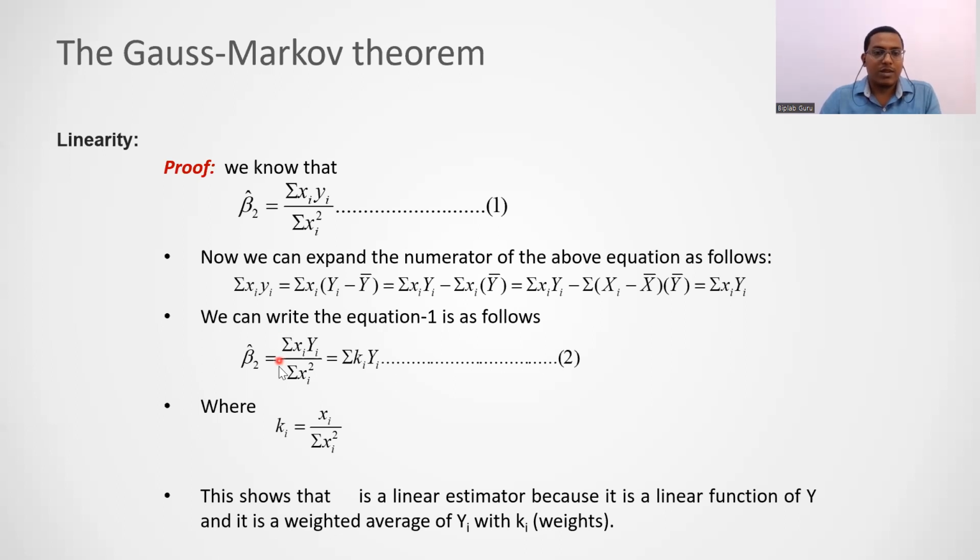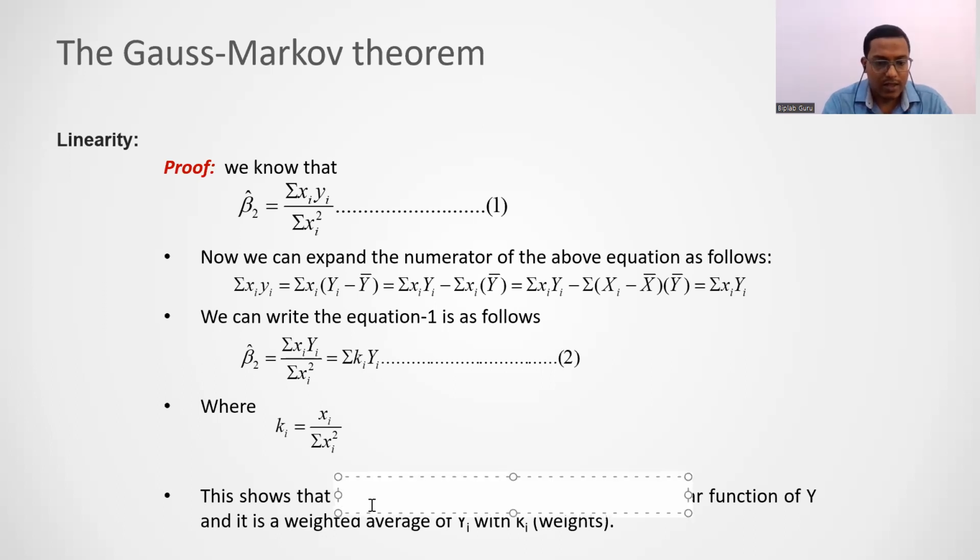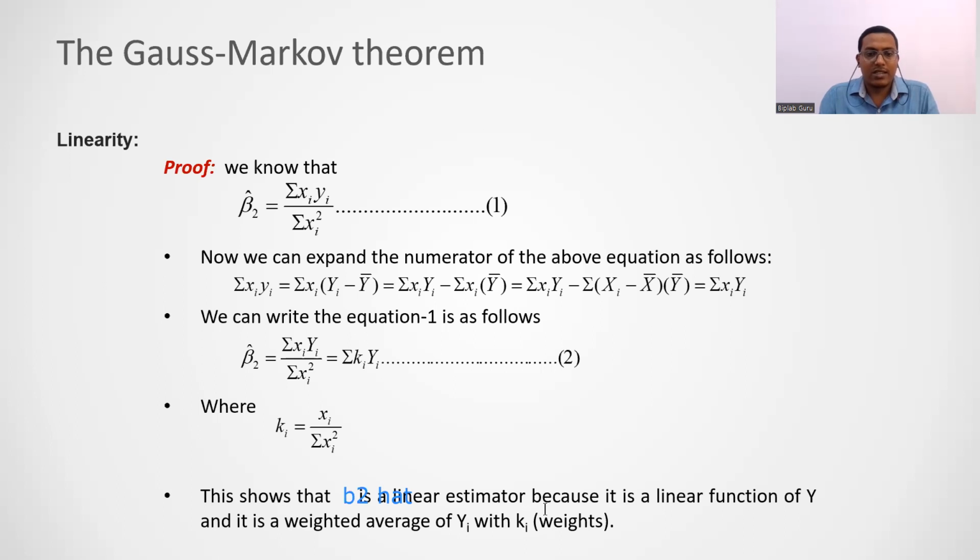We consider xi divided by summation xi square equal to ki, and we can write this equation as summation ki capital Y. This shows that beta 2 hat is a linear estimator because it is a linear function of yi. It is a weighted average of yi with ki as weights.